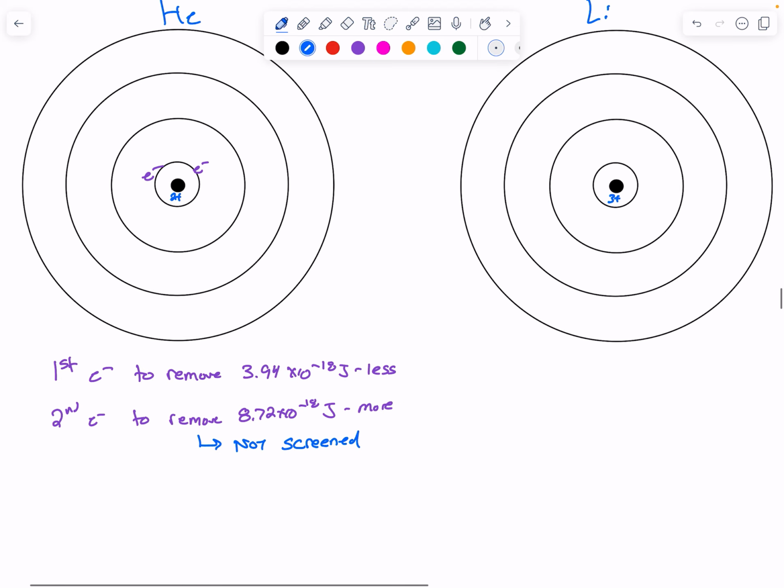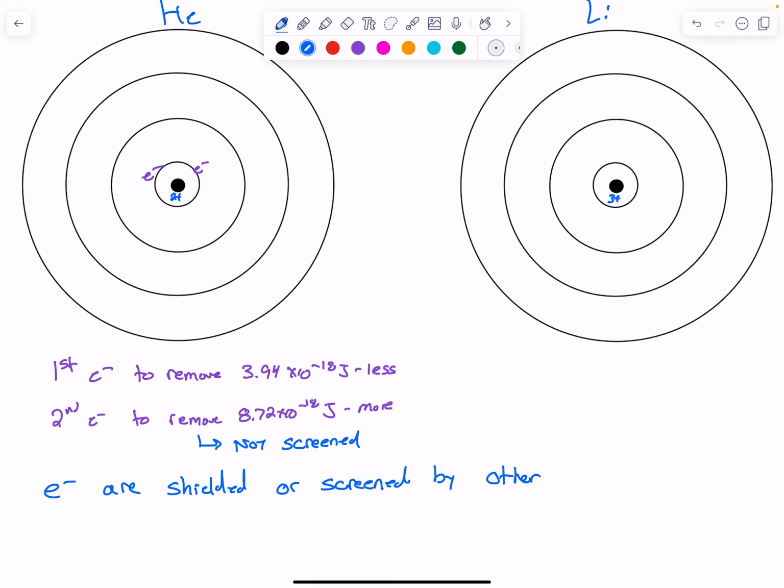Okay? And the point of that is electrons are shielded or screened by other electrons. So even in helium, when they're in the same orbital, they're screened.